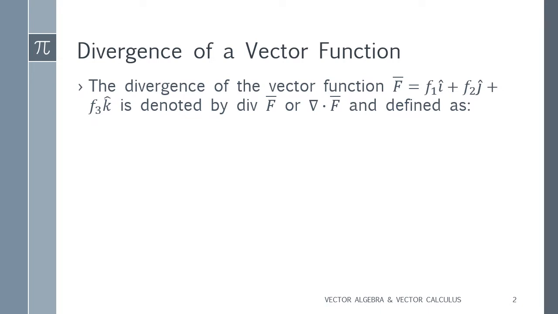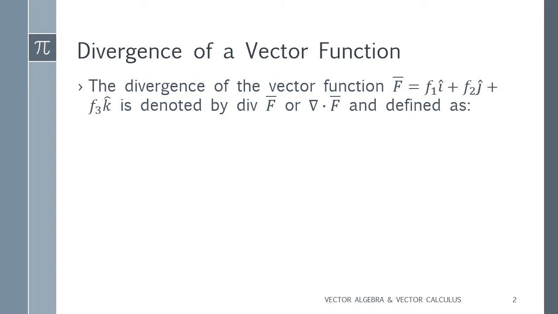The divergence of a vector function f bar equals f1 i plus f2 j plus f3 k, is denoted by div f bar, or else we can denote it as nabla dot, that is, del dot f bar.